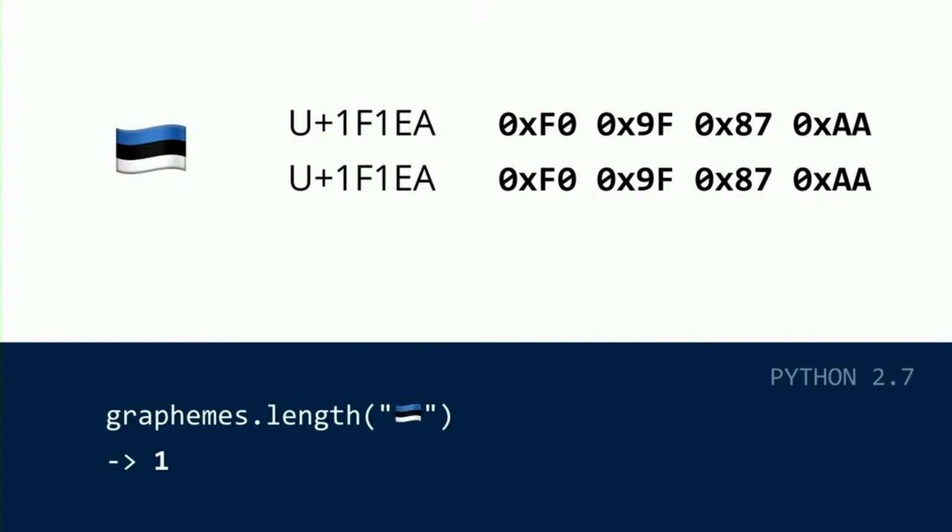So they understand what the standard says is a single character when combined, and can go through a string and count those for you. So the graphemes library in Python 2.7 knows that this character, even though it's composed of 2 different characters inside, is a single grapheme. And most languages have the intelligence to be able to do this with a library now.